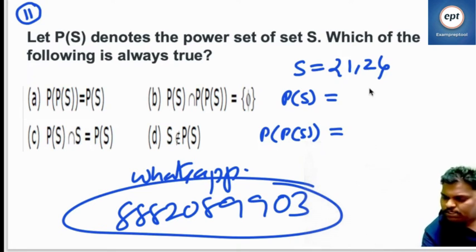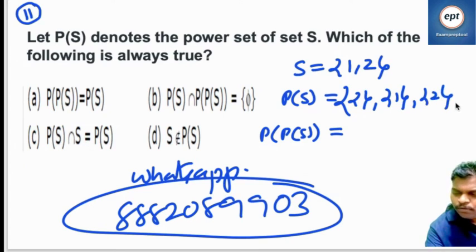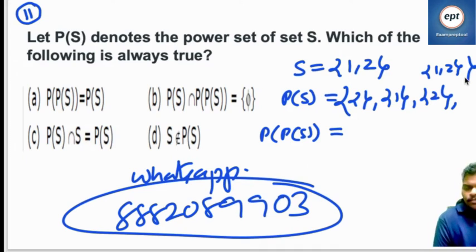Yeah, if you see, the power set of S contains 2 squared, that is 4, elements. So let's see what those are: the empty set, only 1, only 2, and next one, {1, 2}. So this is totally 4.